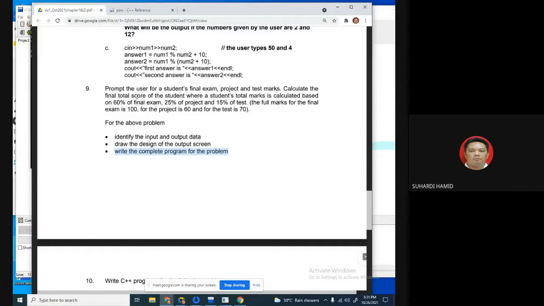Calculate the total score of the student where a student's total mark is calculated based on 60% of final exam, 25% of project, and 50% of test. Yeah, 60 plus 25 plus 15 equivalent to?